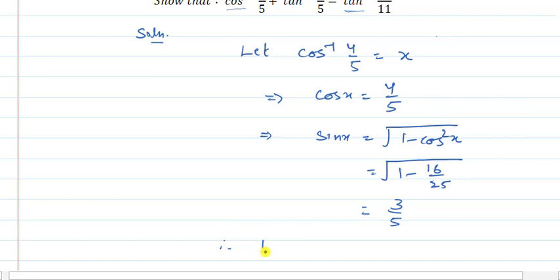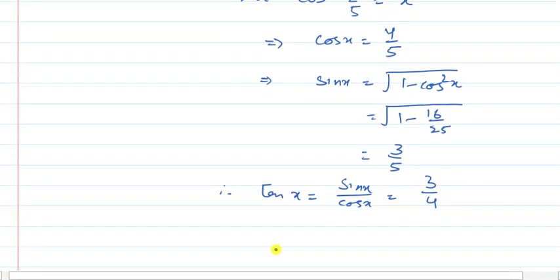So therefore we can calculate tan x is equal to sin x upon cos x. This is very well known to you. After calculating 3 upon 5 upon 4 upon 5, we are getting 3 upon 4, and this is the value of tan x, and from here we get x is equal to tan inverse 3 upon 4. What does it mean?